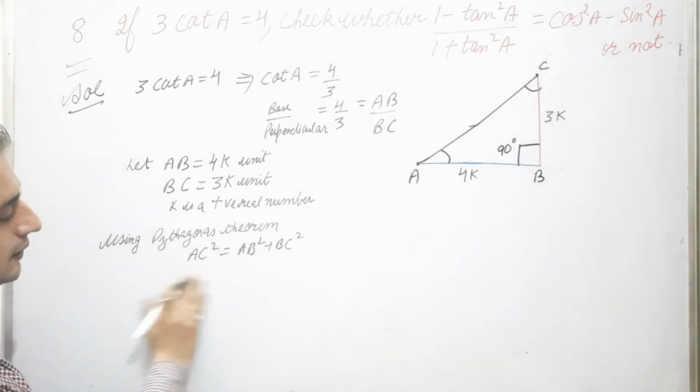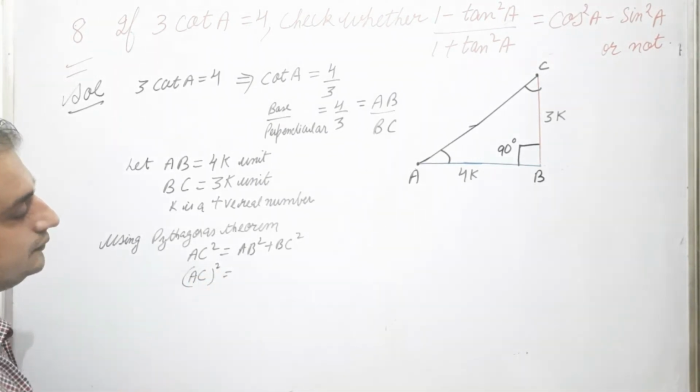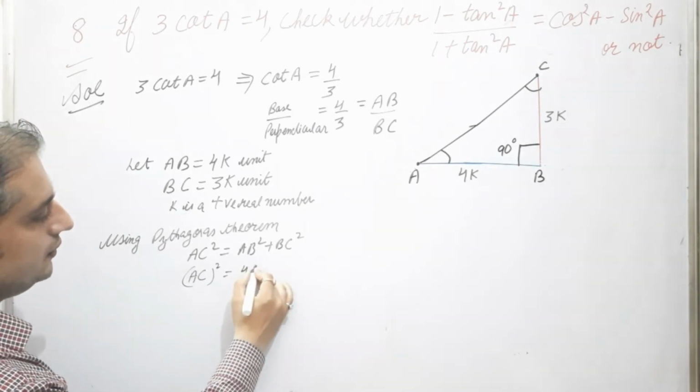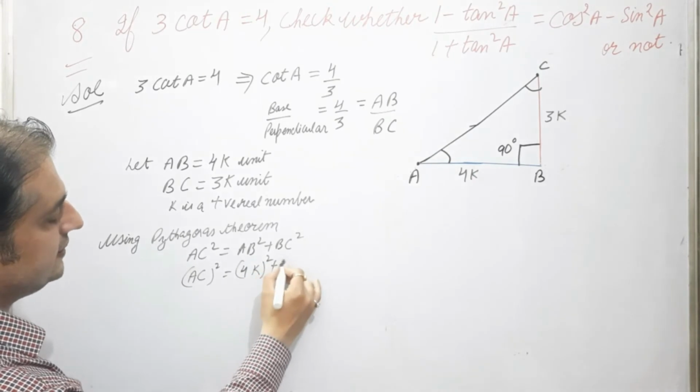Sorry, AC you have to find. AB is 4k square, BC is 3k square.